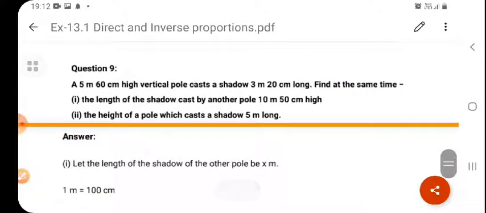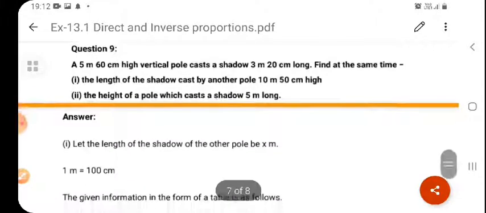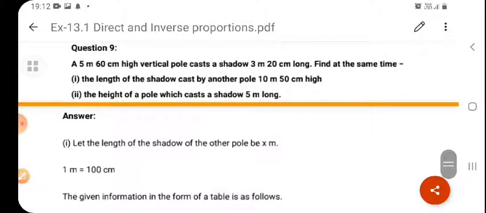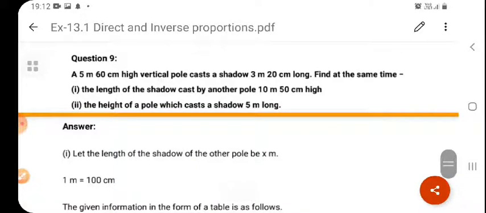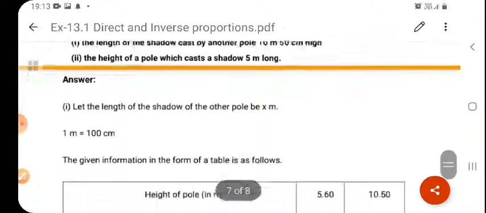Question number 9. A 5 meter 60 centimeter high vertical pole casts a shadow 3 meter and 20 centimeter long. Find at the same time the length of the shadow cast by another pole 10 meter 50 centimeter high, and the height of the pole which casts a shadow 5 meter long. So here the length of the shadow of the pole we are assuming is x meter. In the first part we have to find, 1 meter is equal to 100 centimeter.